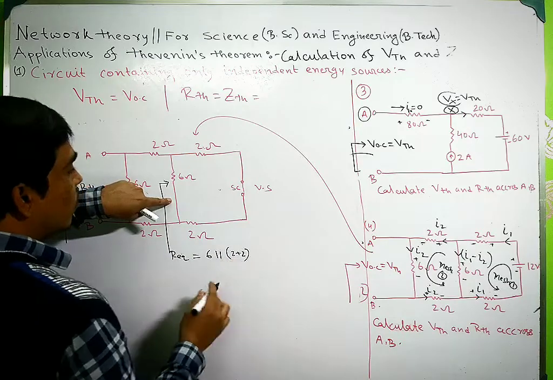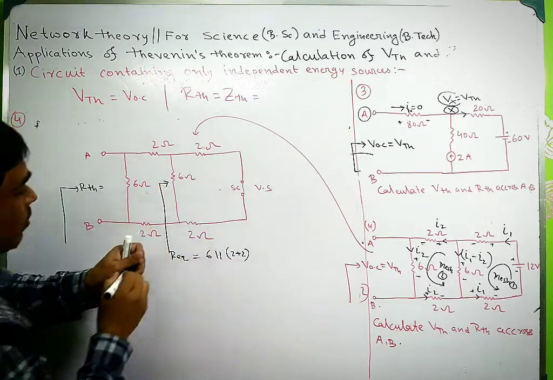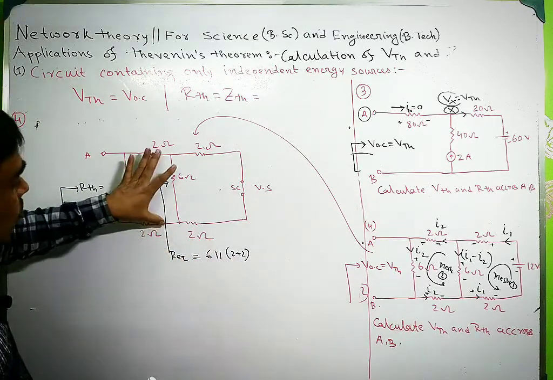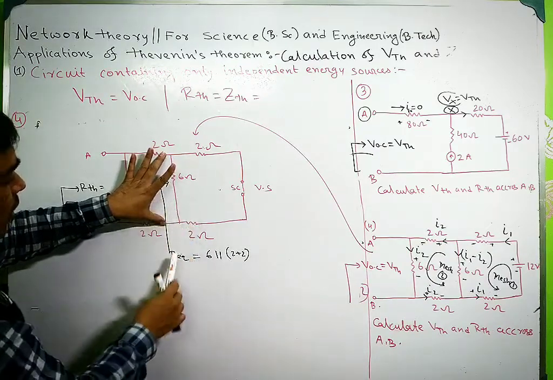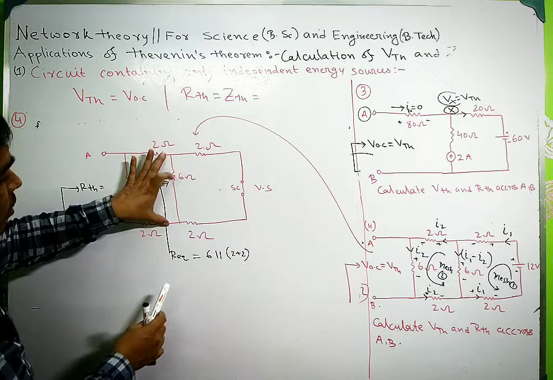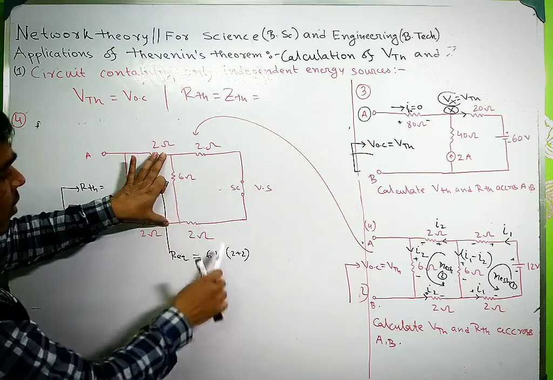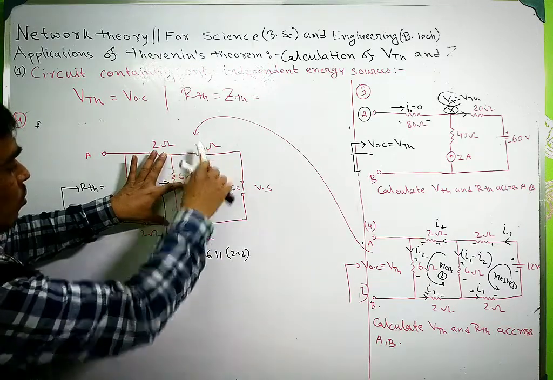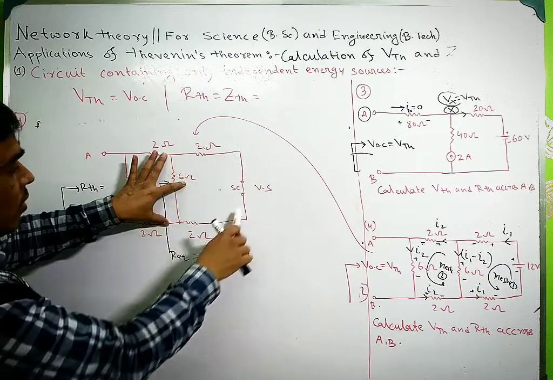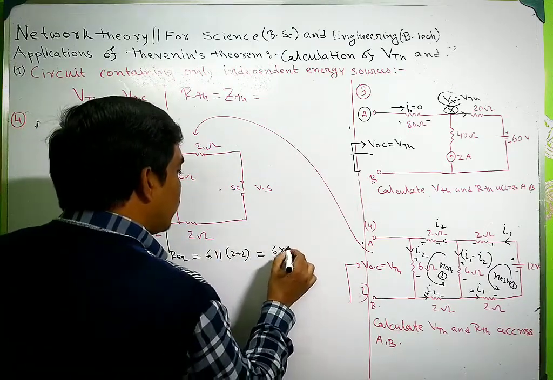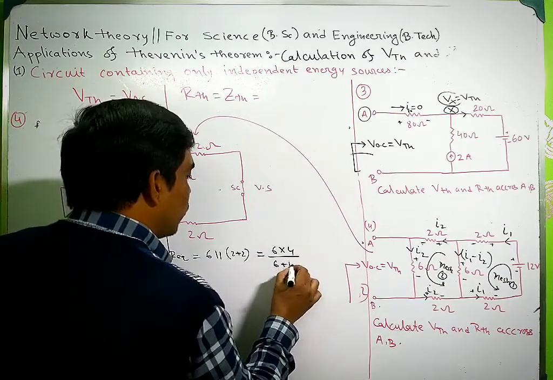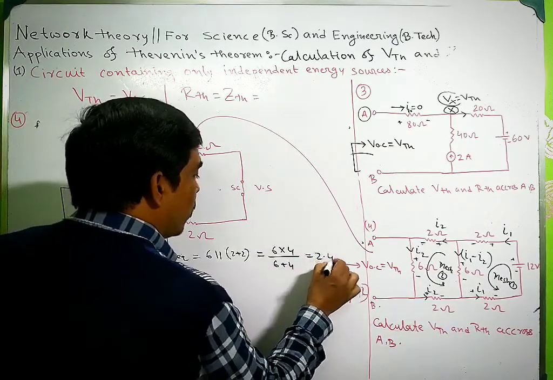If I look at the circuit from this point, the equivalent resistance will be 6 parallel to 2 plus 2, because these are in series. So it will be 6 multiplied by 4 divided by 10, so it will be 2.4.